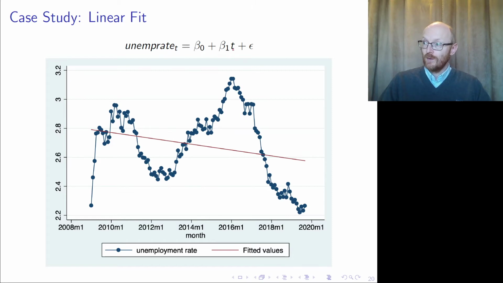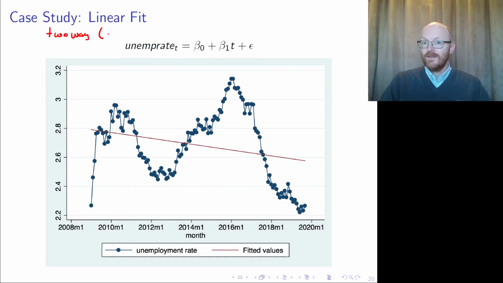That's the only power of t that we include in the model, and as we saw in the last slide, this can capture a linear trend.